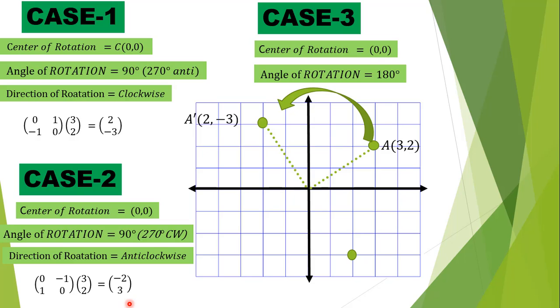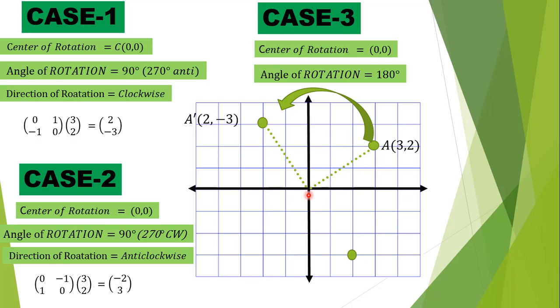same position. So students, for rotation, let us consider the point A, which we want to rotate at an angle of 180 degrees with the center 0, 0. It is simply the reflection of this point against the origin, so it will move in the opposite direction at the same distance from the center. Look, it is 3 units in x direction and 2 units in y direction from the center, which is the origin.